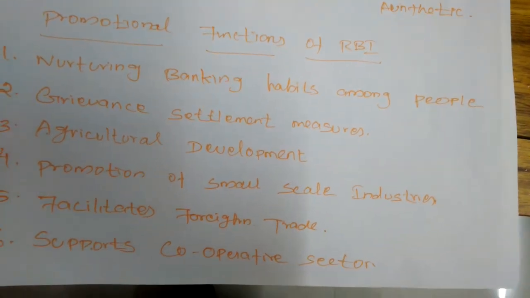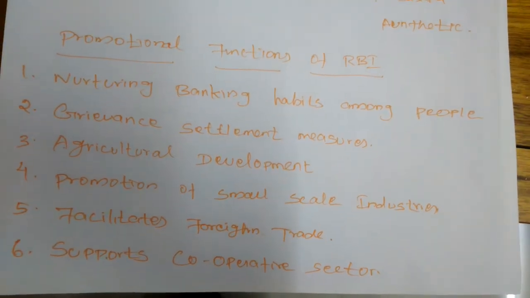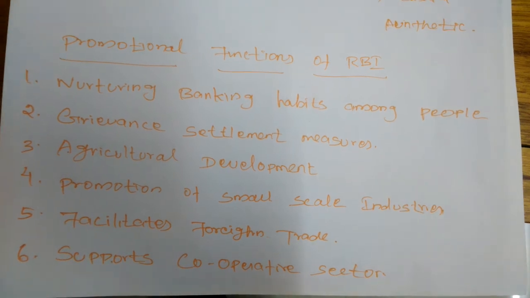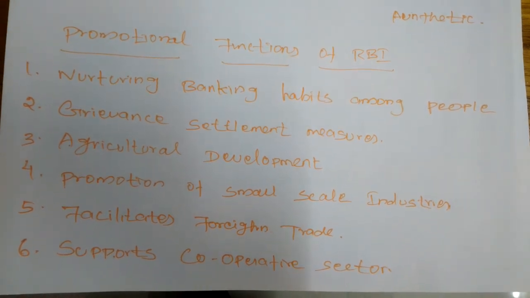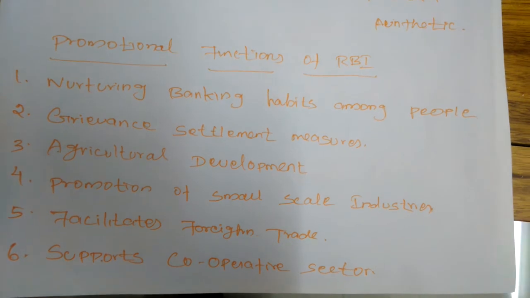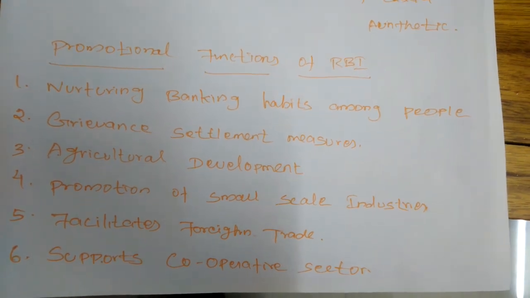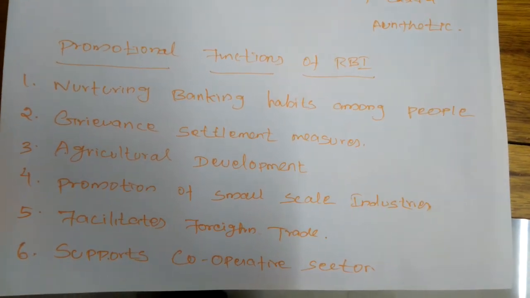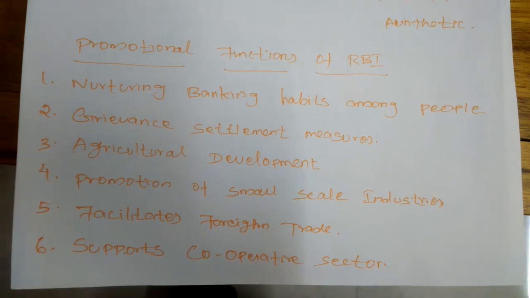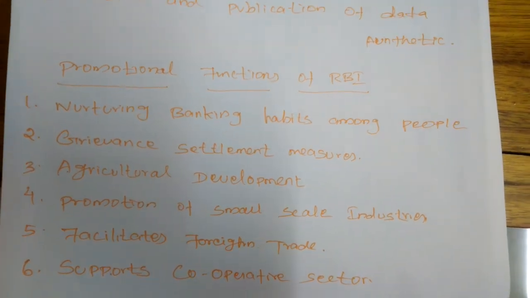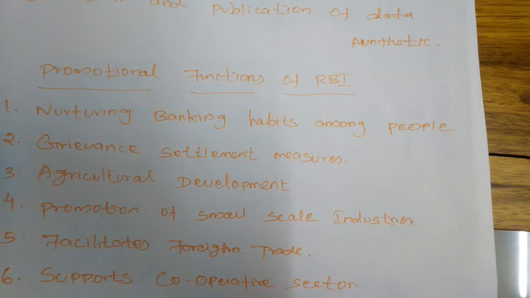Next, promotion of small scale industries. Micro, small and medium scale enterprises are included in the priority sector because many of the cottage industries and small scale industries are related to agro based industries.